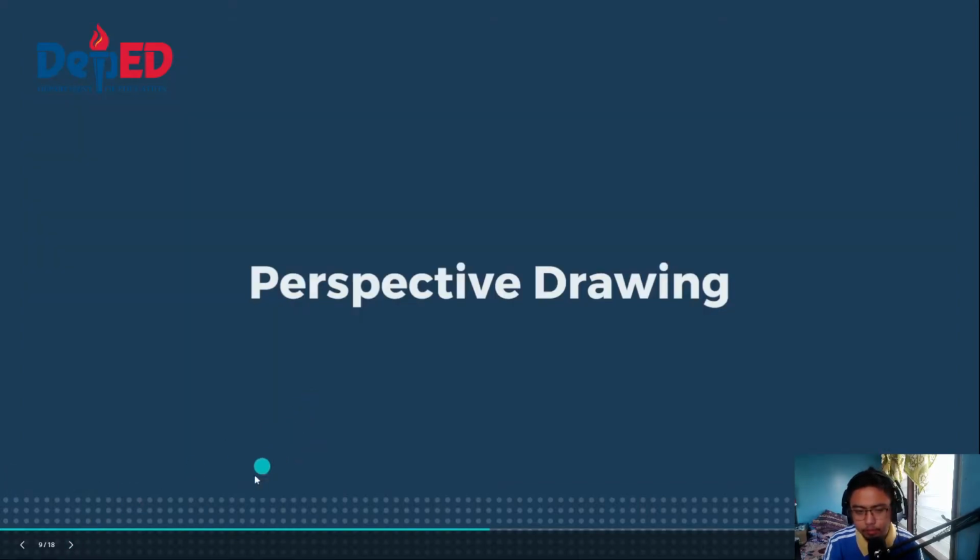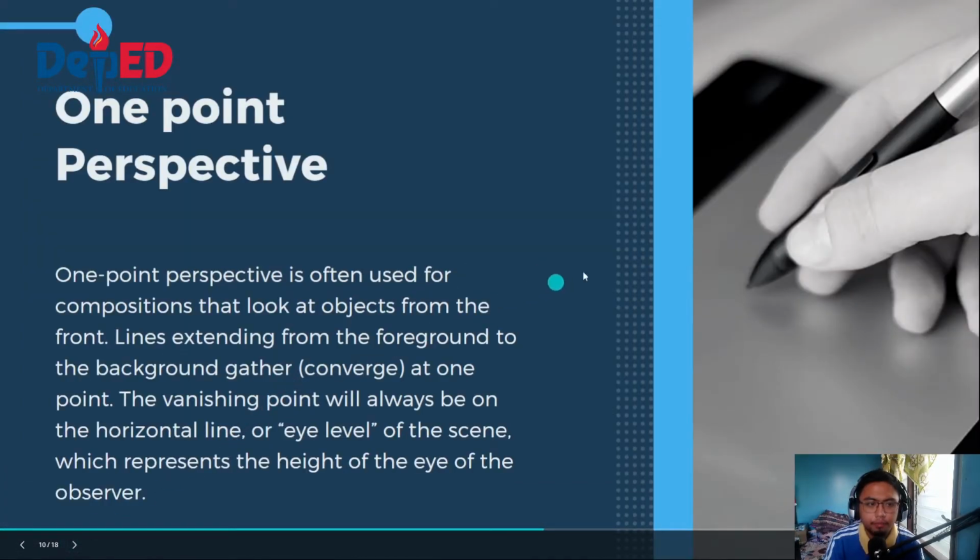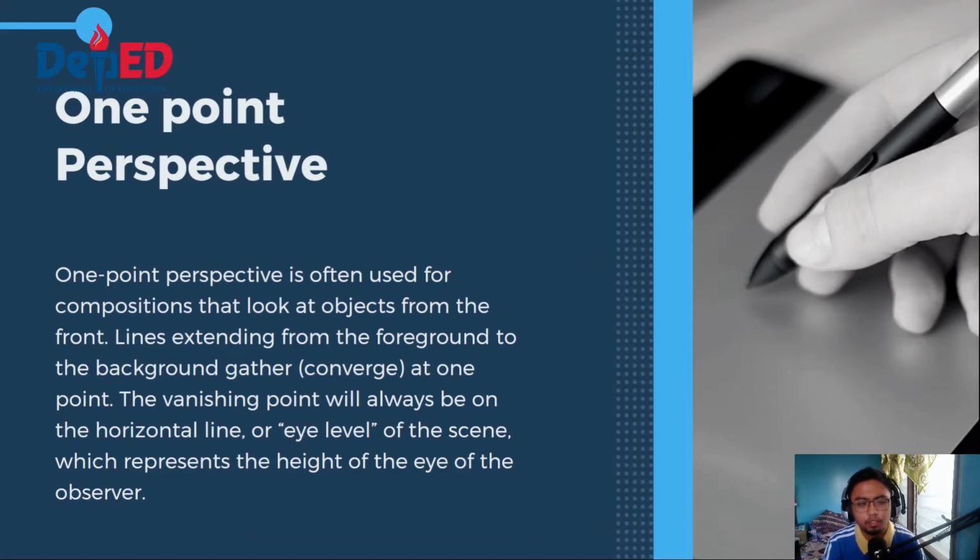So let's talk about perspective drawing. First, we have 1-point perspective. A 1-point perspective is often used for compositions that look at objects from the front. Remember, it's from the front. Lines extending from the foreground to the background converge at one point. The vanishing point will always be on the horizontal line or eye level of the scene, which represents the height of the eye of the observer.